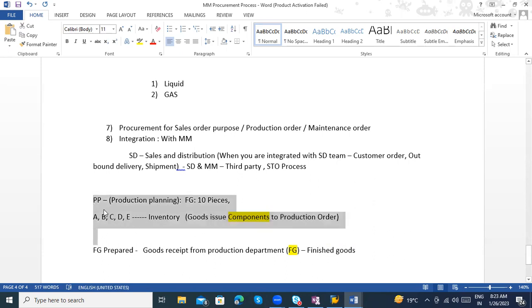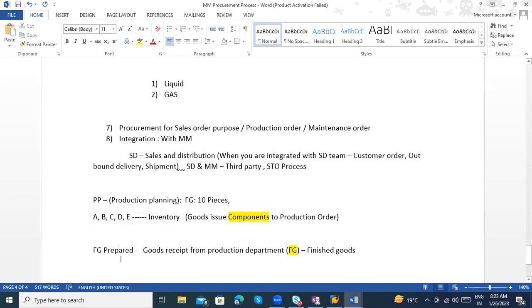When the PP team integrates with me, they need components. When I need FG product for stock purposes, I integrate with the PP team.